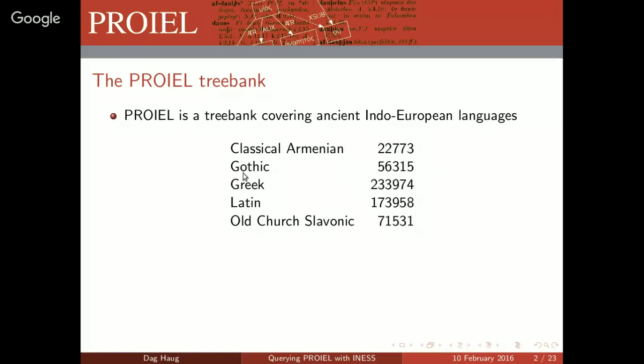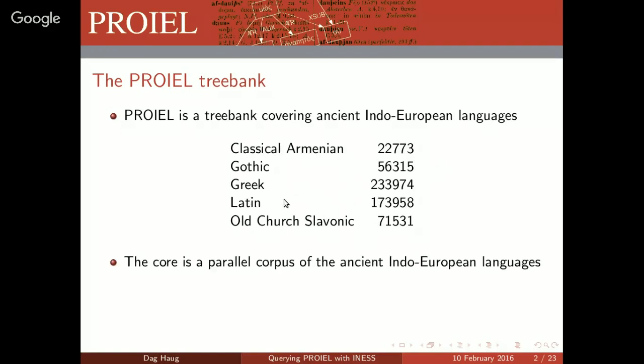The Classical Armenian, Gothic, and Old Church Slavonic corpora are basically limited to New Testament texts of varying size, but we have 60 to 70,000 words of Gothic and Old Church Slavonic. But the Greek and Latin corpora you see are much bigger because we have added more text beside the original Bible text. But the core is this parallel corpus of ancient Indo-European languages, and we are currently looking at adding more ancient languages, including Old Lithuanian, Hittite, and Vedic, although that obviously will not be Bible texts.